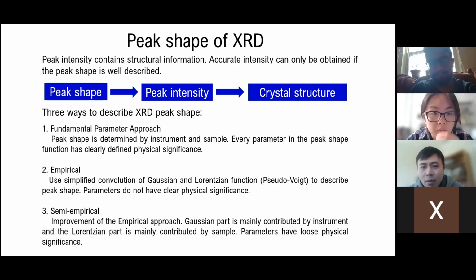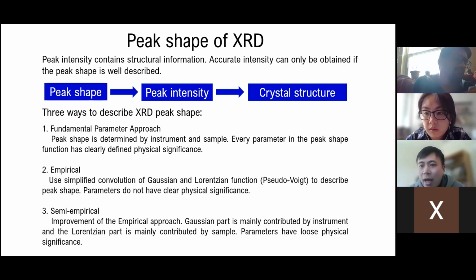Depending on how well we define the peak shapes, that relates to how accurately we can obtain the peak intensity, right? And we know peak intensity relates to the atomic position through the structure factor. So that basically determines how accurately we can solve the structure. Right? So the profile function is very important.